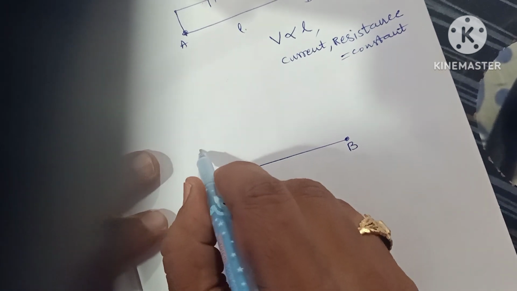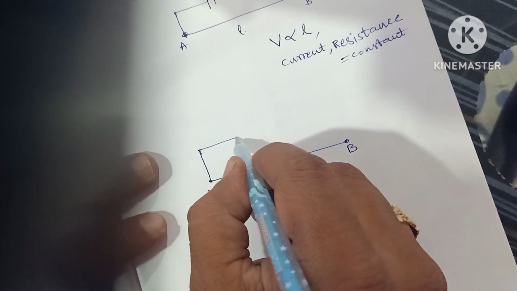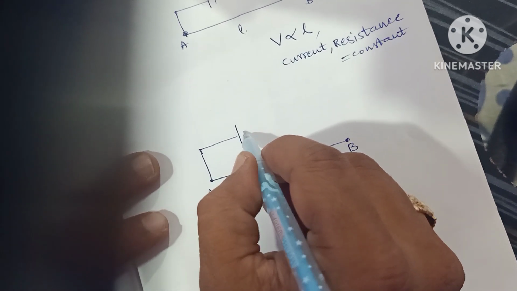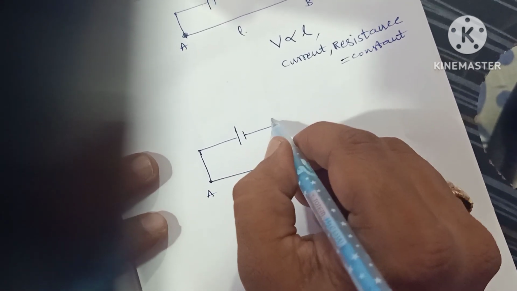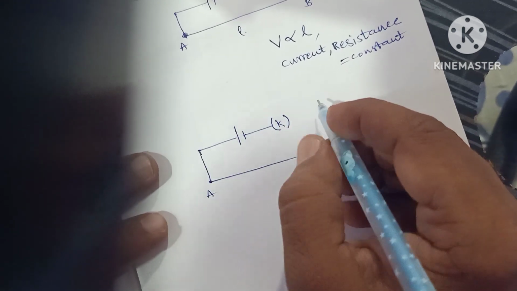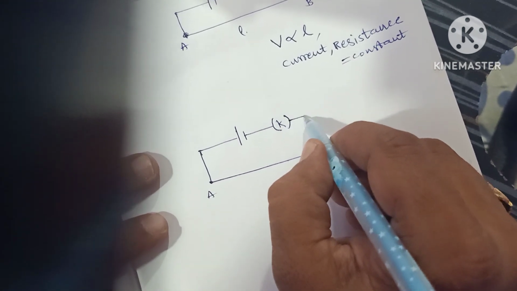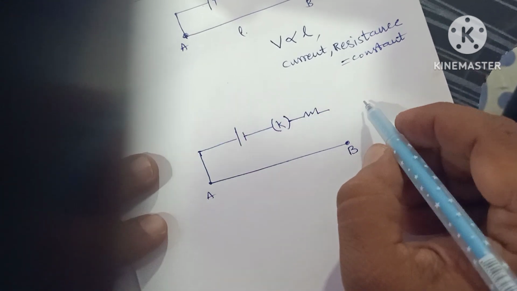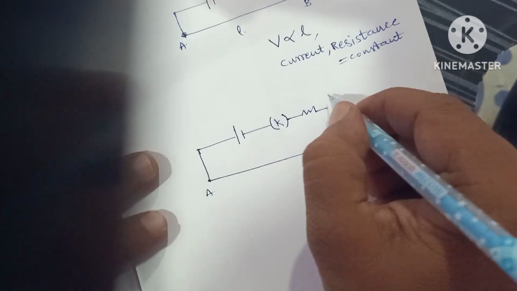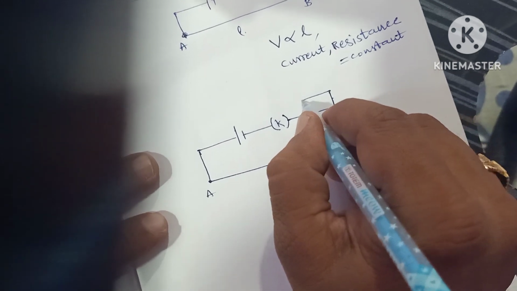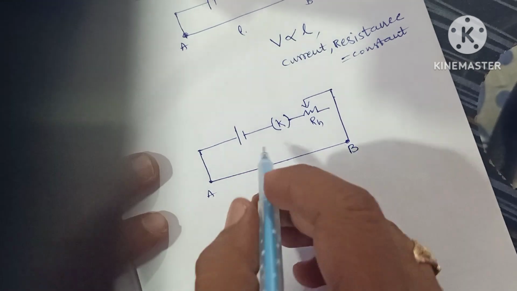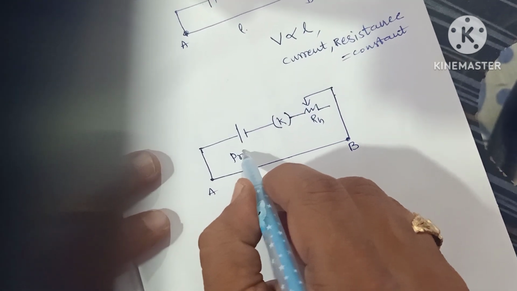Then end A is connected to the plus terminal of the battery, and the minus terminal of the battery is given to an on-off switch like a key. Then it is connected to a rheostat. Then the terminal B is given to the rheostat RH, which forms the primary circuit.